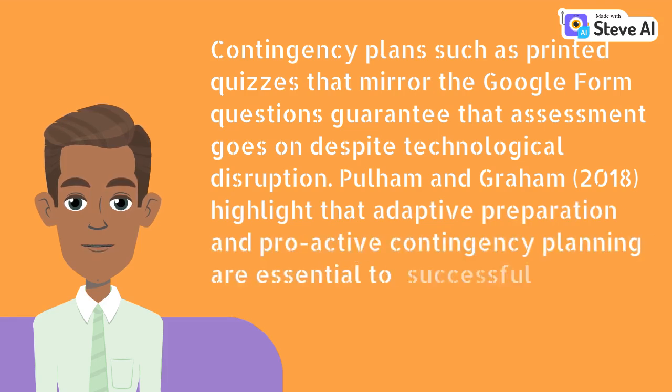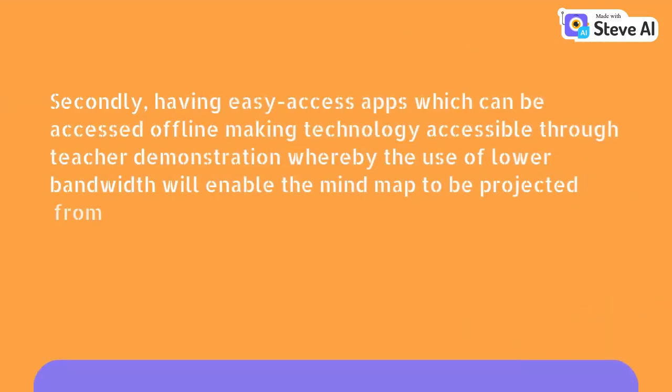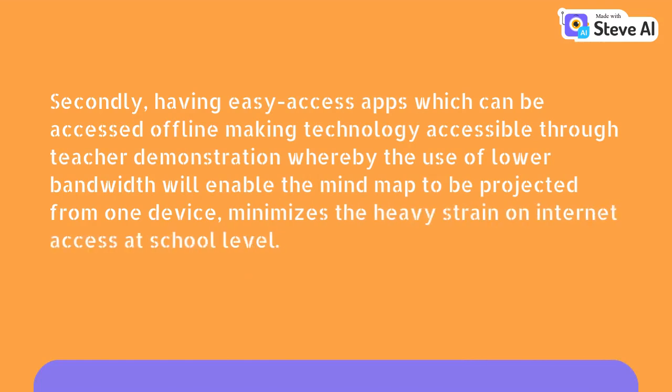Pullum and Graham highlight that adaptive preparation and proactive contingency planning are essential to successful technology-supported instruction. Secondly, having easy access apps which can be accessed offline makes technology accessible through teacher demonstration, whereby the use of lower bandwidth will enable the mind map to be projected from one device, minimizing the heavy strain on internet access at school level.